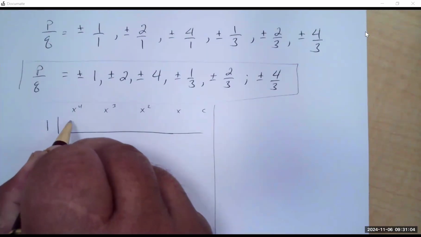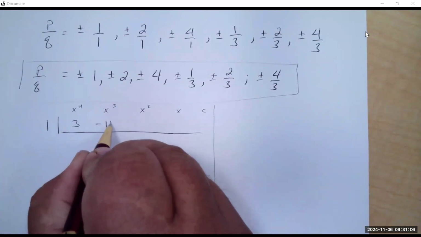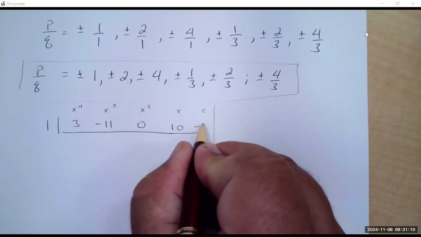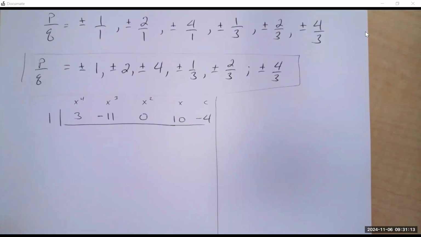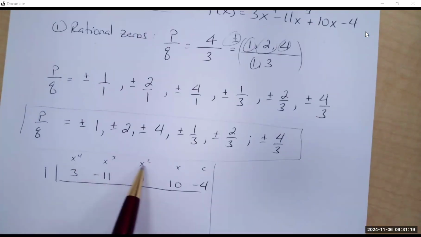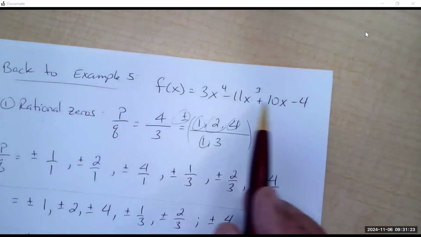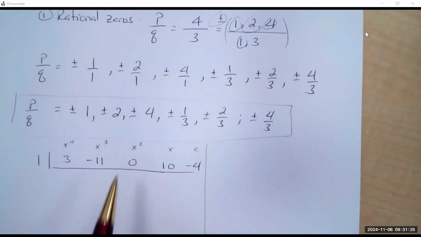So it's going to be 3, -11, 0, 10, and -4. You see the importance of why I always label the top of the numbers, the columns, because this one doesn't have x squared. I got to put a 0 there.